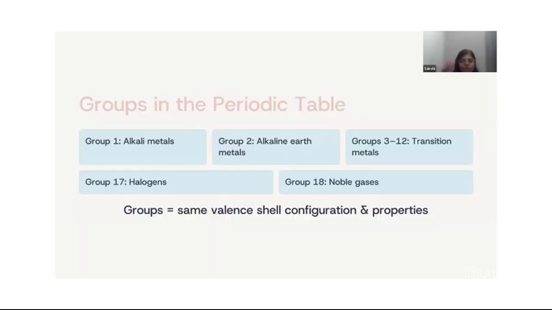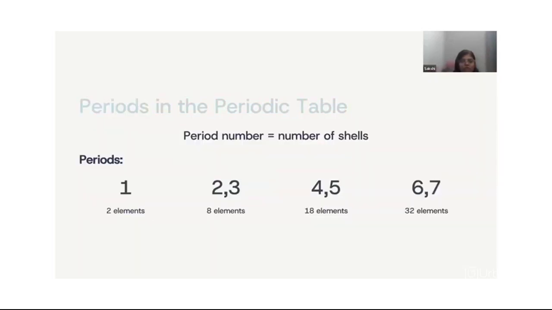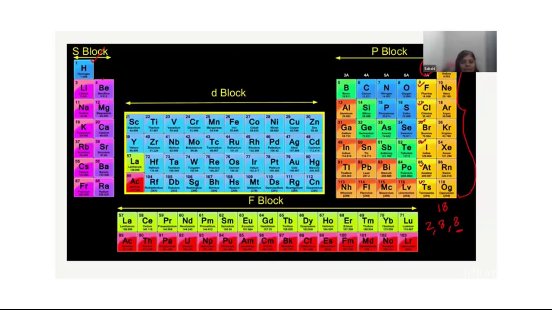Let us move forward. We know that the period number is equal to the number of shells. There are 7 periods. For example, sodium is in the third period, that means it has 3 shells. Let us draw sodium. The atomic number is 11. This is the nucleus.